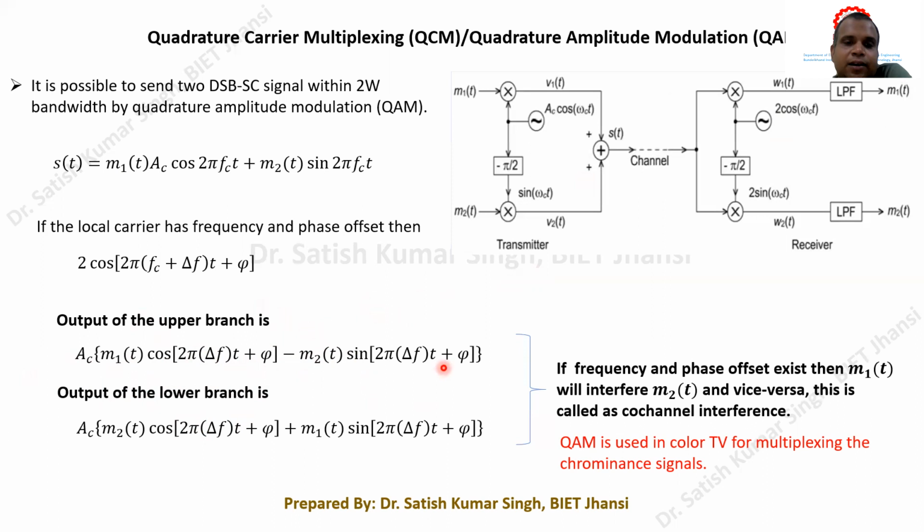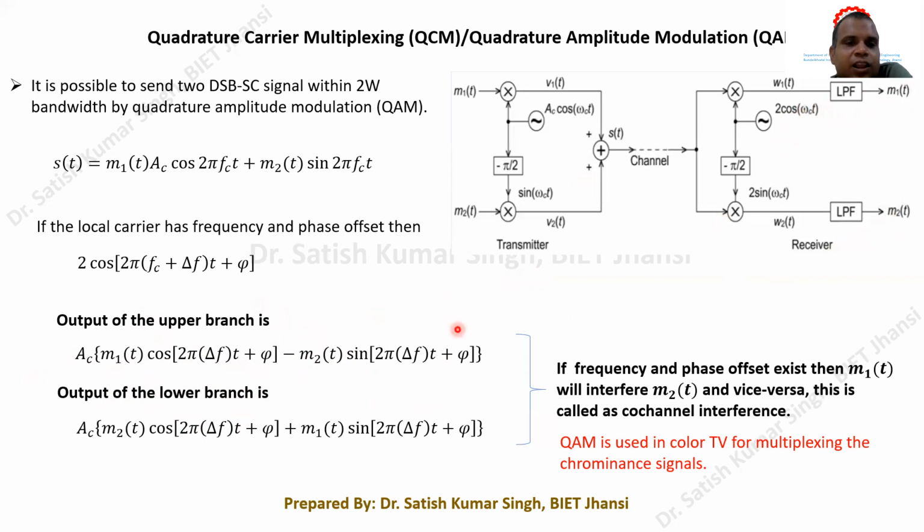The upper or lower branch output is not just the desired output, but also contains the other message signal. It means that the other message signal is interfering with the desired message signal.